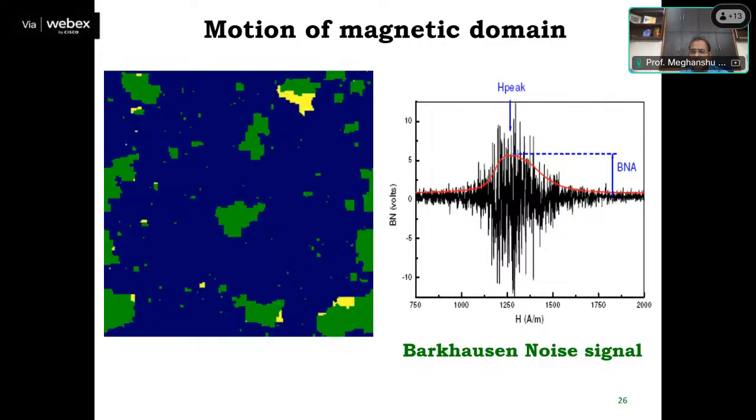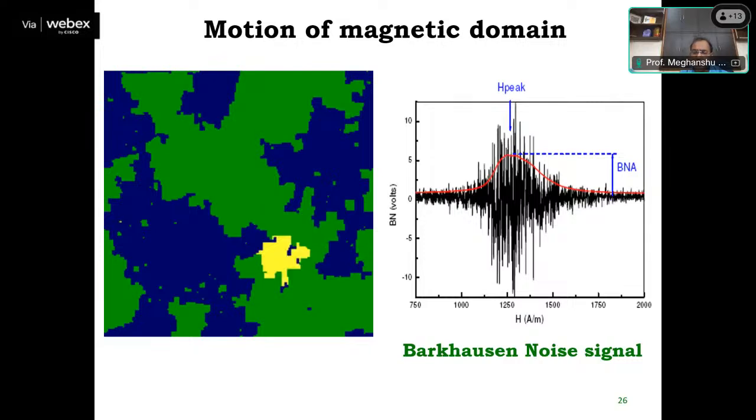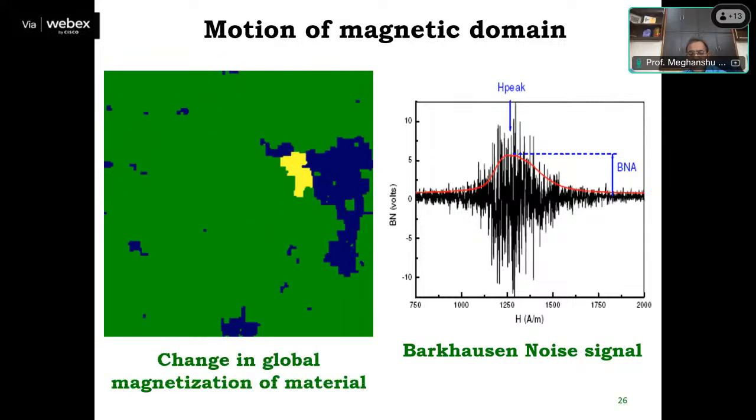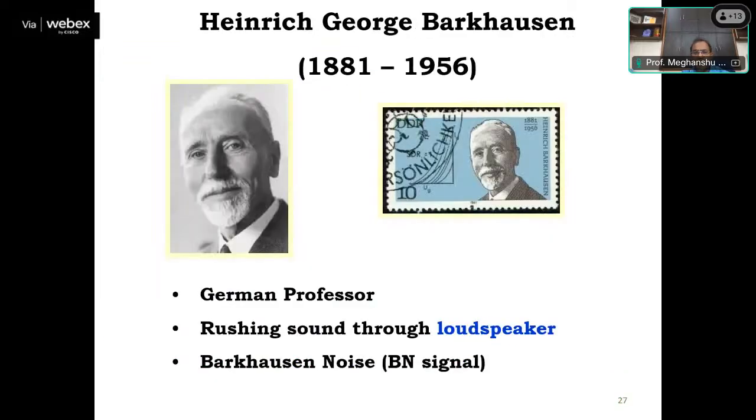The name of this signal is Barkhausen noise signal, and it comes because of change in global magnetization of the material when we apply an external magnetic field. Why is the name Barkhausen there? Because this signal was first detected by Professor H.G. Barkhausen.